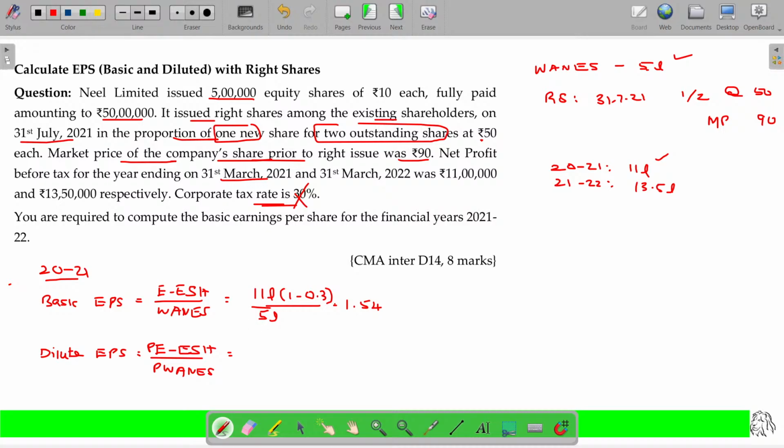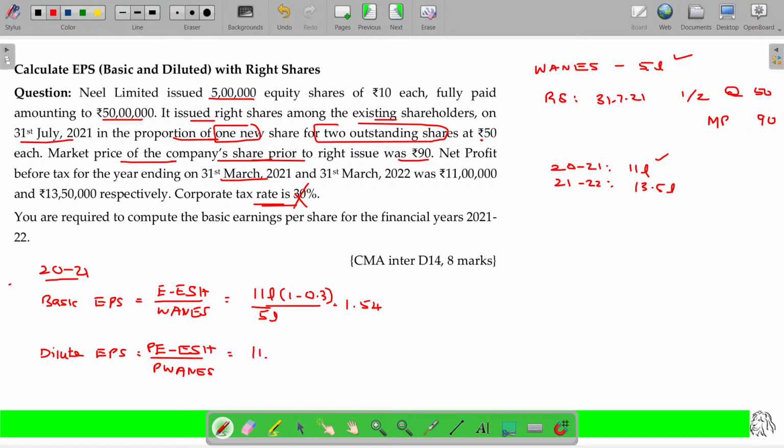Only when you are issuing shares for cash will there be a change in the numerator. If you are investing 100 rupees, you will get a revenue for that 100 rupees invested. In case of right shares, there is a cash component as well as a bonus component. Cash component, forget about that. But in case of the non-cash bonus component, the number of shares will be increasing without any change in the numerator. So it is going to be calculated separately using the right factor here.